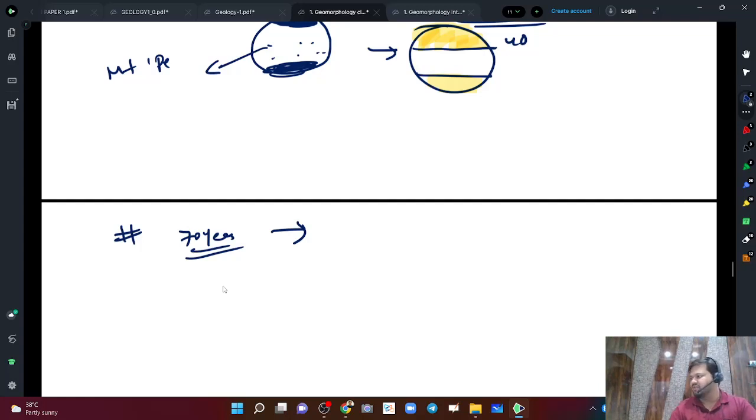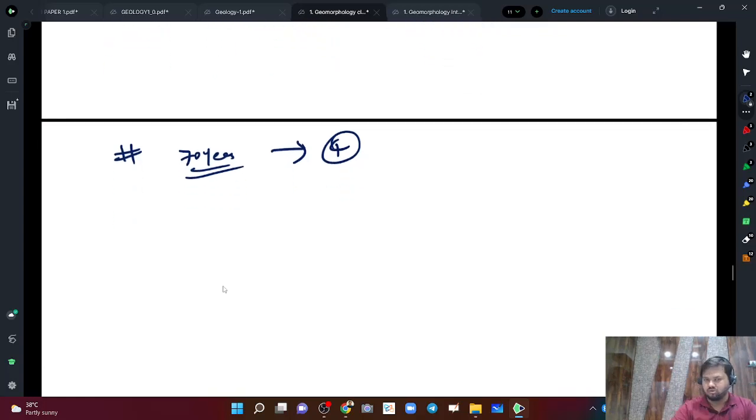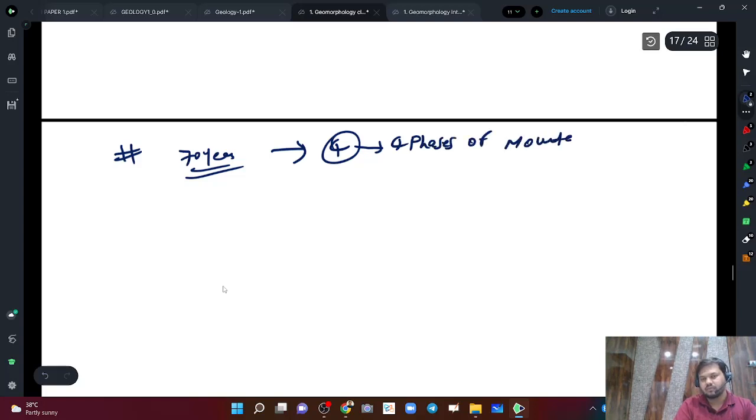Like you have done your epirogeny and orogeny classes. I hope you must have heard a lot of terminologies there. In a simplistic manner, you should write this in your notes also. There are four major phases of mountain building in geological history. First is Precambrian.